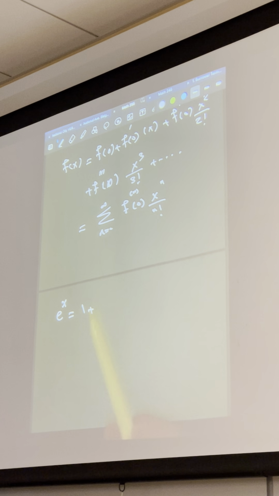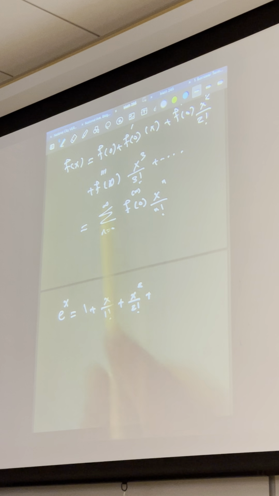So f prime is e to the power of 0 again, times x over 1 factorial, plus the second term is again e to the power of 0 times x squared over 2 factorial.